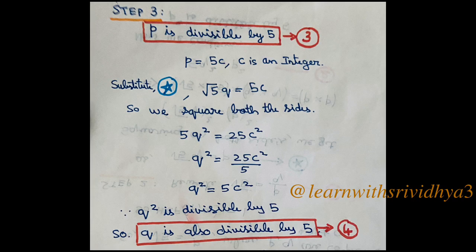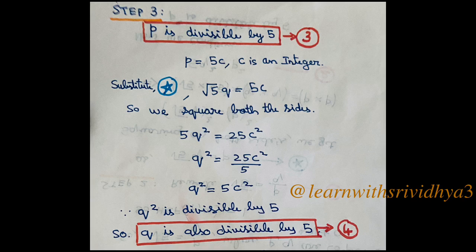In step 3, we also know that p square is divisible by 5, hence p is divisible by 5. So it is going to have 5 as a multiple in it. Hence we can write p as 5 times c, where c will be any integer. And then you have to substitute that p value in the star equation, which is p is equal to root 5 times q.